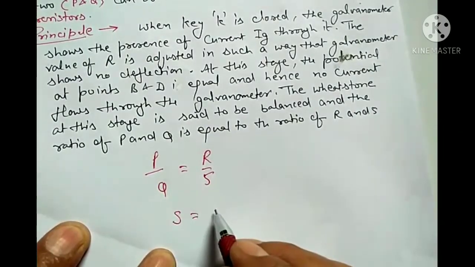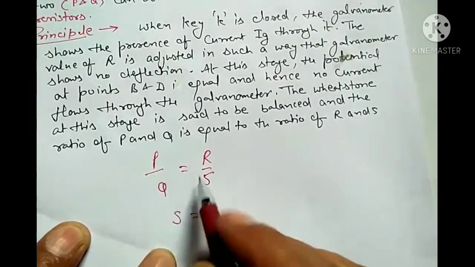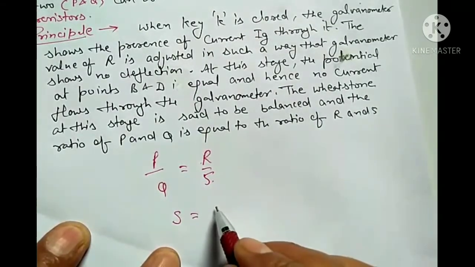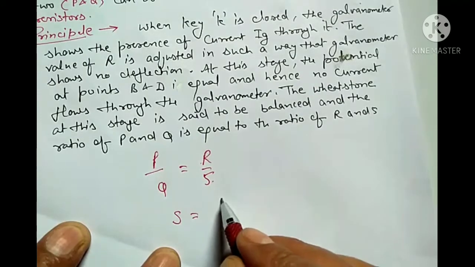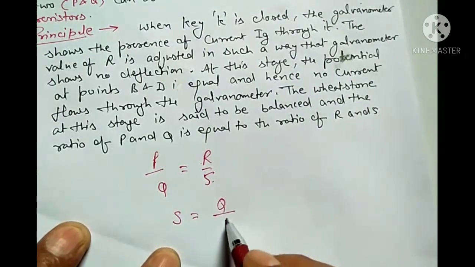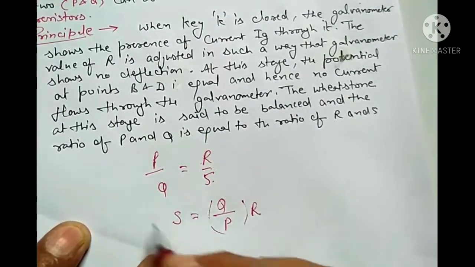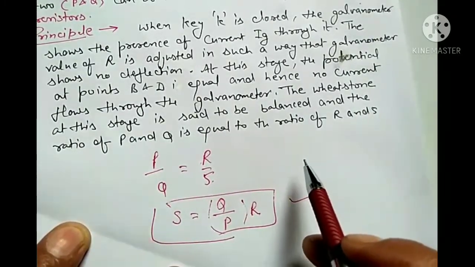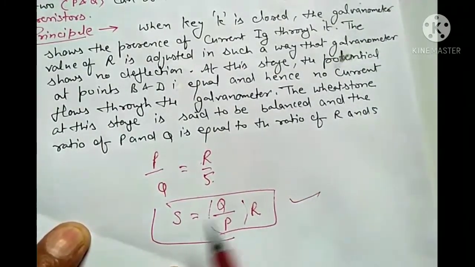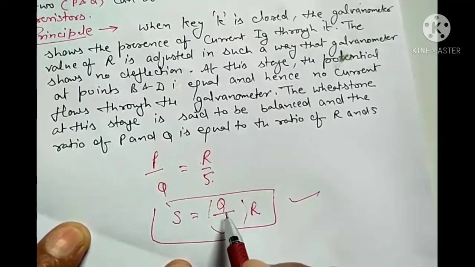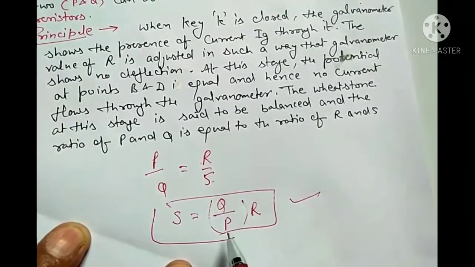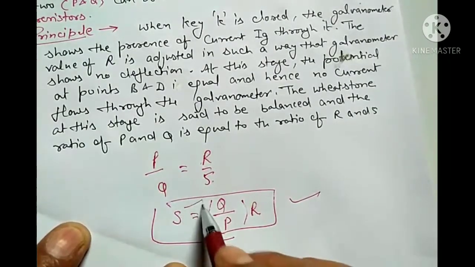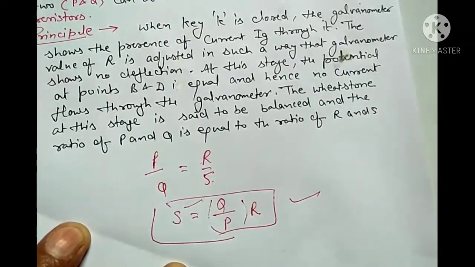S is equal to Q over P into R. So this is the principle of the Wheatstone bridge, and if we know the values of Q, P and R, then we are able to find the value of S, the unknown resistor.